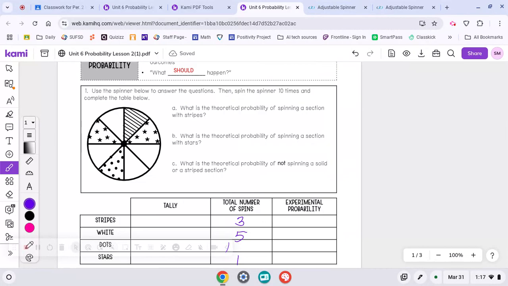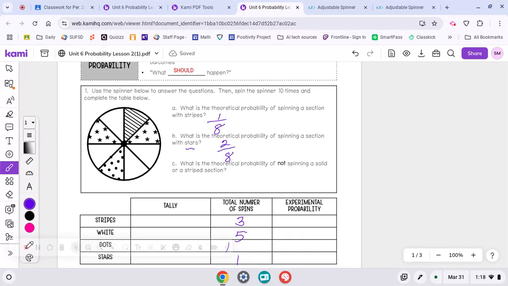Theoretical probability A, of spinning something in the striped area. There is 1 striped out of 8 altogether, 8 options altogether. Letter B, spinning a section with stars. Well, there are actually 2 starred areas out of the 8 altogether.